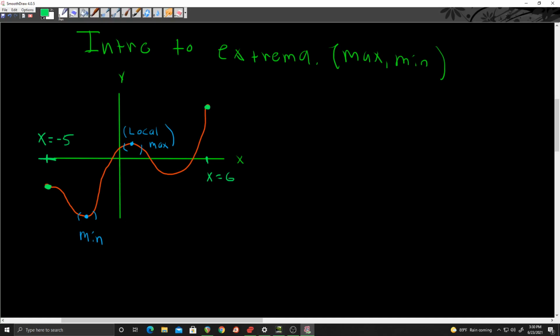So therefore what we have is a continuous curve, meaning that we don't have to lift our pencil. A little review there. We don't have to lift our pencil when we sketch from -5 to 6. So we have a continuous curve on this interval, -5 to 6, with the brackets.